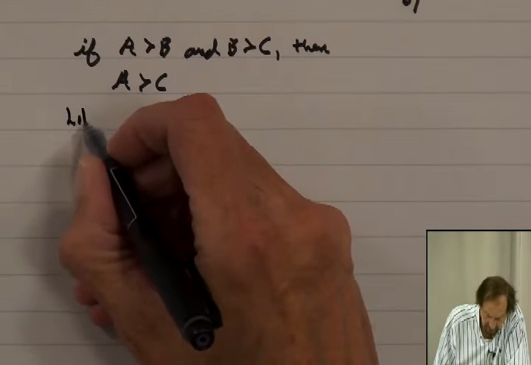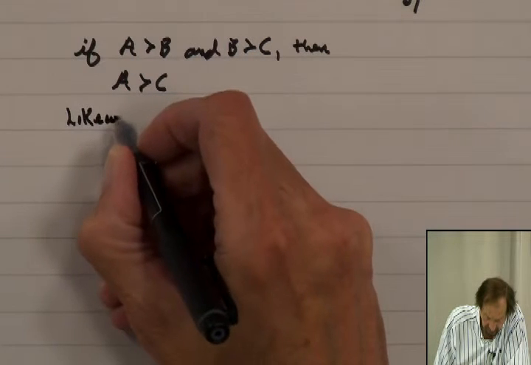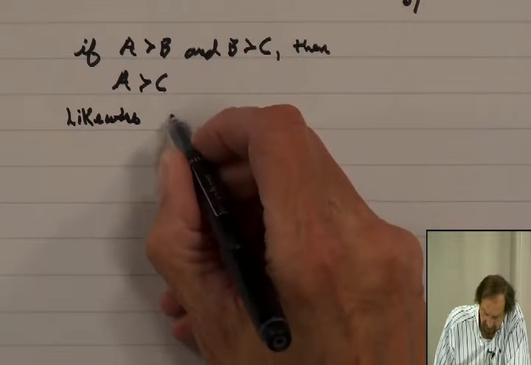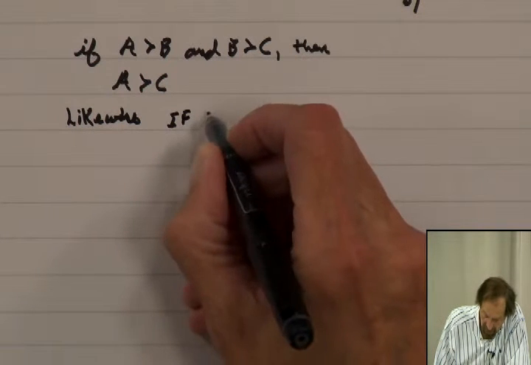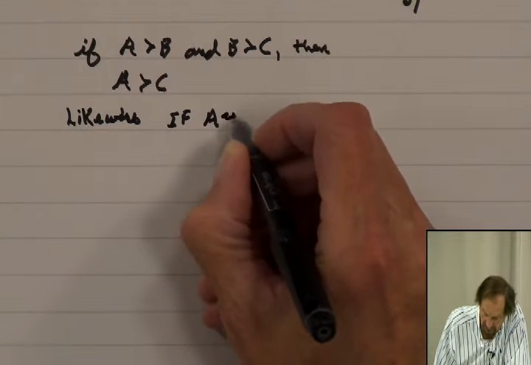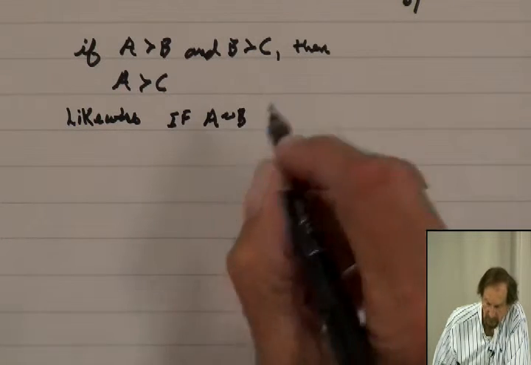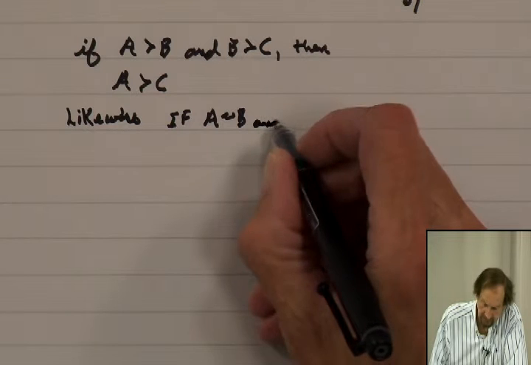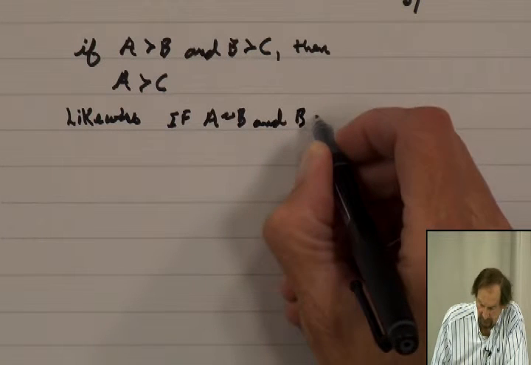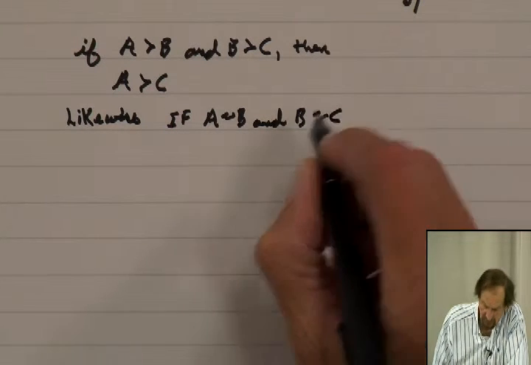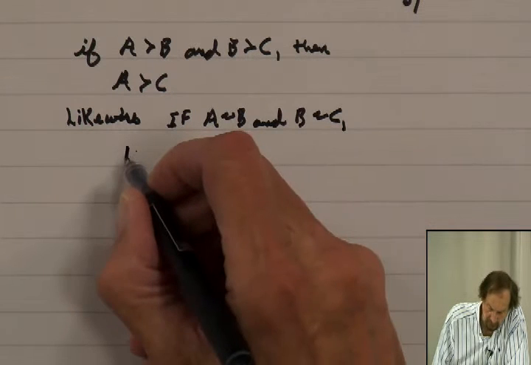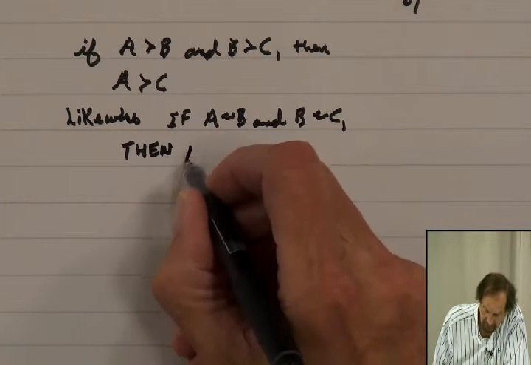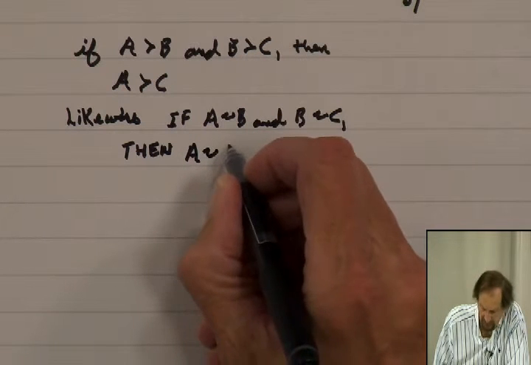Likewise, when we talk about being indifferent, if we're indifferent between apple and banana, we like or dislike them the same, and we're also indifferent between bananas and cantaloupes, then it must be true we must be indifferent between apples and cantaloupes.